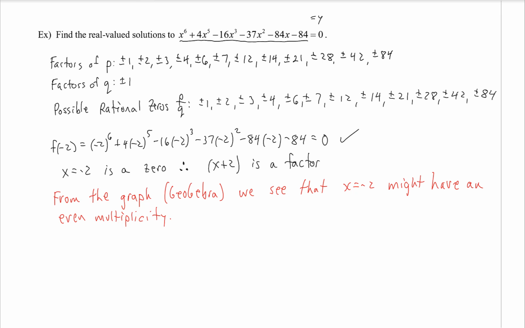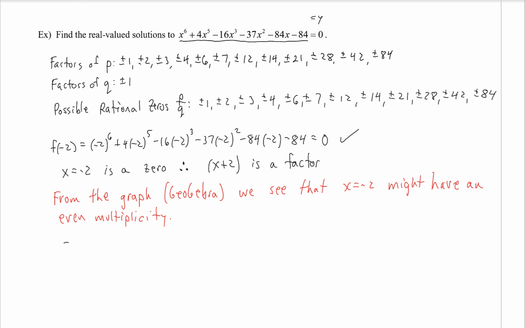So that means it's a 0 twice. It could be a 0 more than that, maybe, but let's not worry about it. We're not sure, but we think based off the graph, it's at least a 0 twice. So now I think we can do some division and see if we can get somewhere.